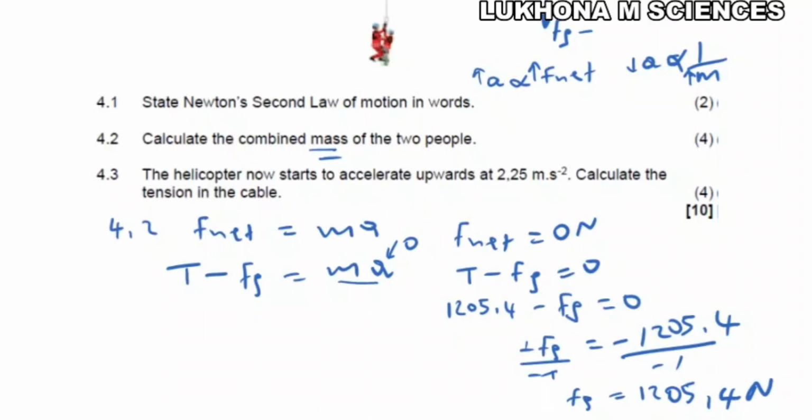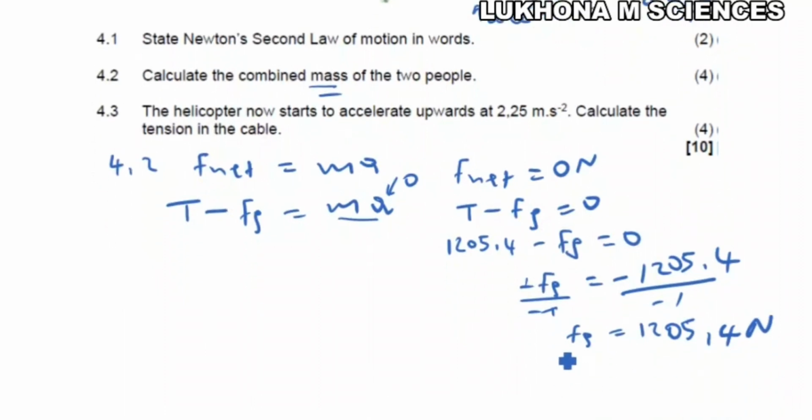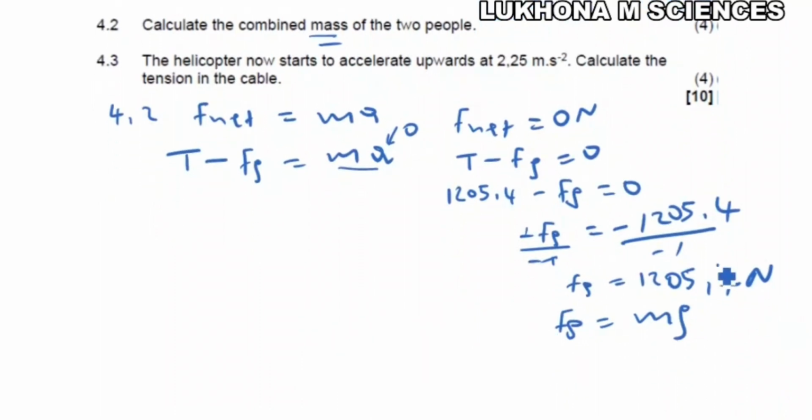Remember that Fg is equal to mg. So we have the weight, which is 1205.4, and the mass is what we want, times 9.8. Then we divide by 9.8.